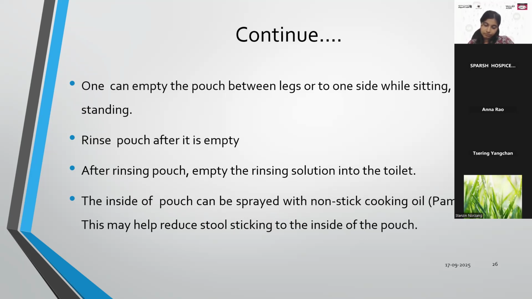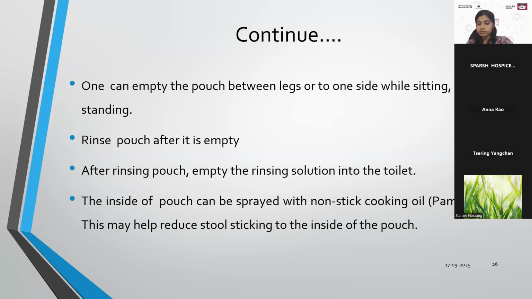Disposable type also should at least be changed in 2-3 days, otherwise the leaking will start taking place. So the purpose of spraying non-sticking oil is to prevent sticking of the stool to the inside of the pouch.